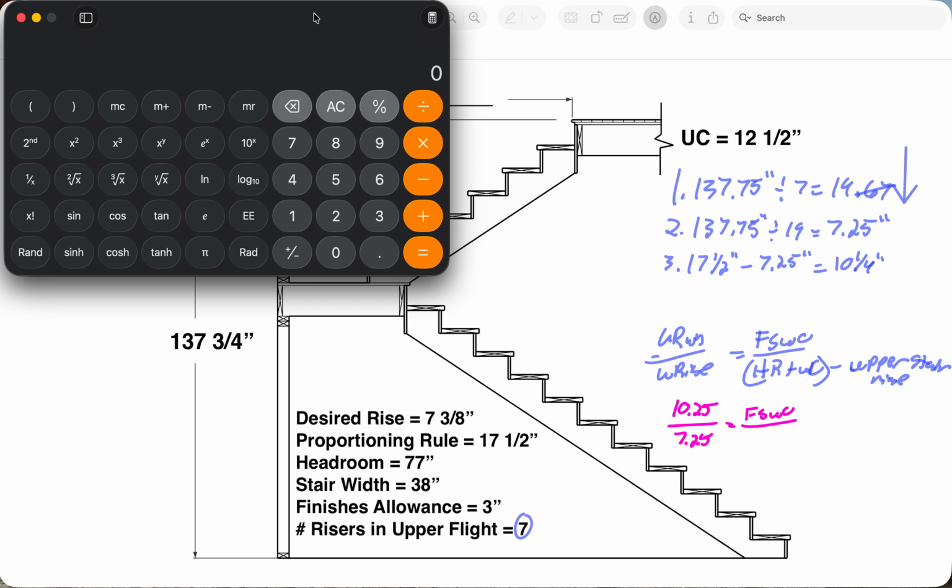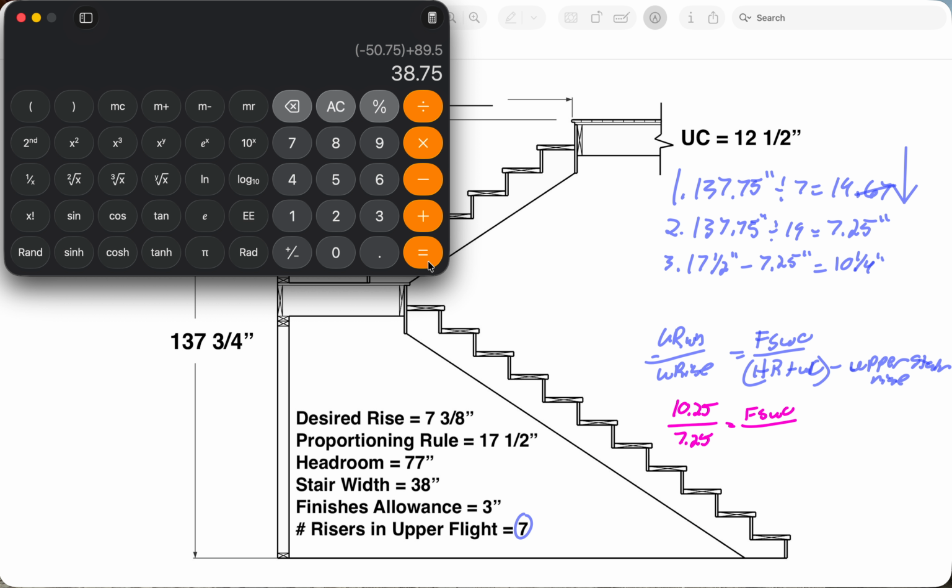So 77, you can see our upper construction is 12.5, so plus 12.5. Okay, so 89.5. Now we have 7 rises in the upper flight. We're going to go 7 times our unit rise, 50 3/4, and we're going to take off 89.5.